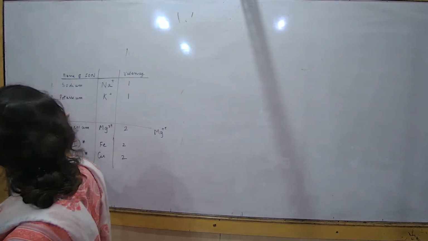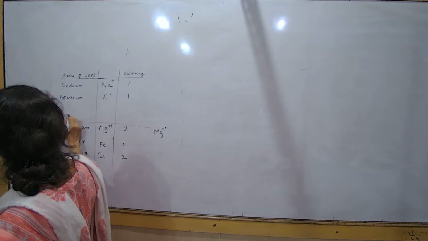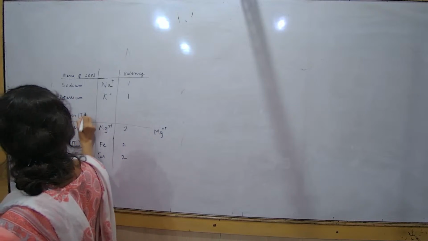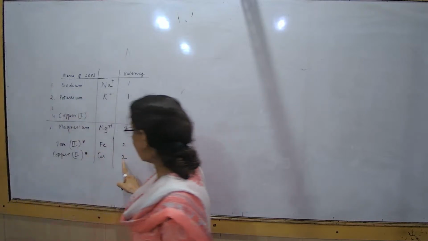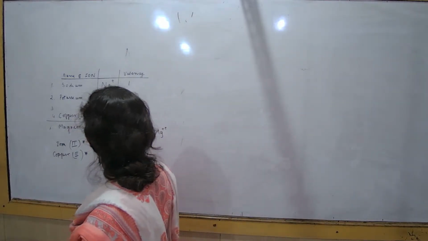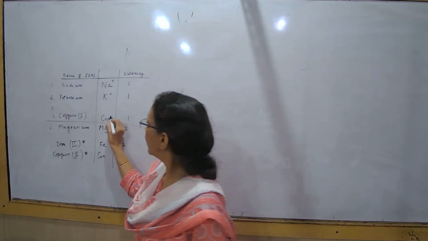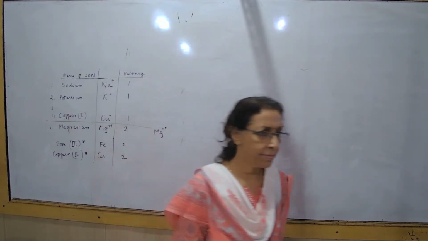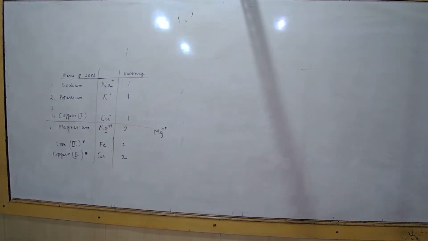Yes, ma'am. Copper 1. What is the difference between copper 1 and copper 2? Copper 2 has valency 2. Your copper has got valency which is 1 and therefore it has got only 1 plus. Did you understand? Let me see what you have written. Iron 2.